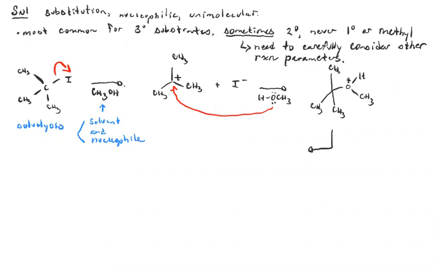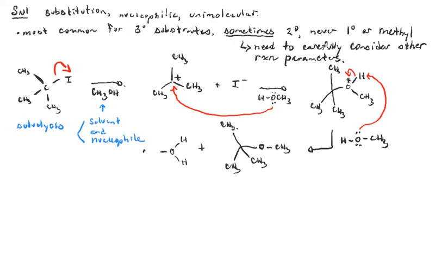So what we typically do is invoke another solvent molecule coming in and removing that proton. And so what you wind up with is the neutral product plus protonated solvent plus the leaving group, in this case, I minus.